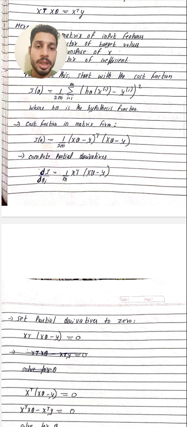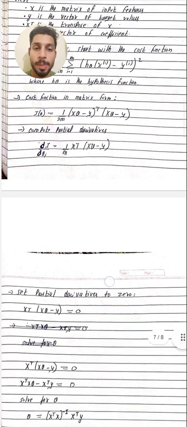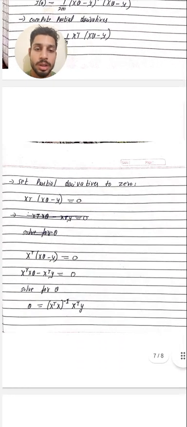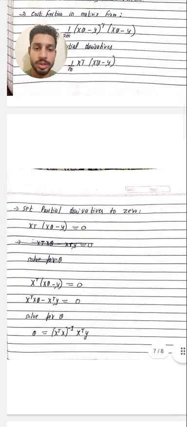Now we will compute the partial derivative of the cost function in matrix form. So it will be 1 by m multiplied by X transpose (X theta minus y). In the next step, we have to set the partial derivative to 0. After setting it to 0, we get the equation X transpose multiplied by (X theta minus y) is equal to 0.